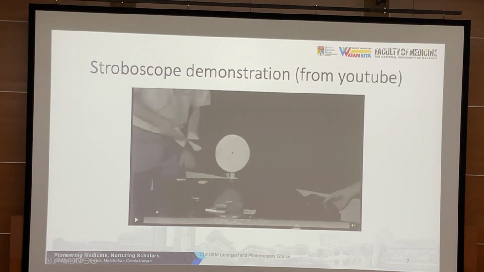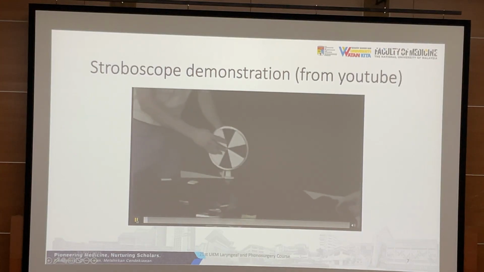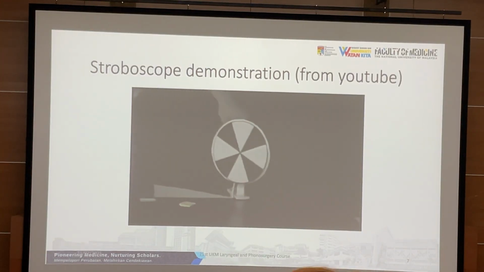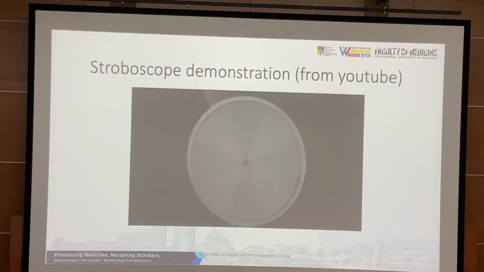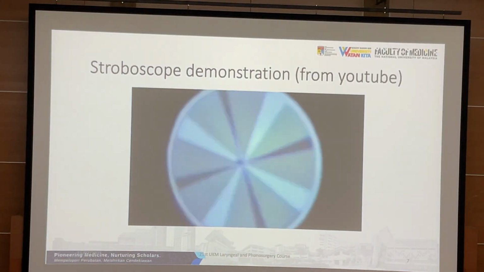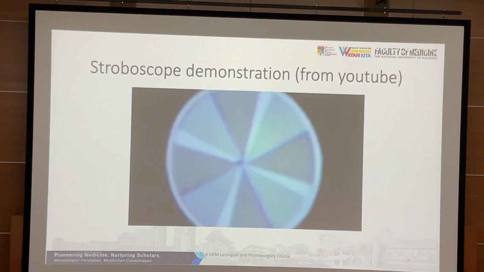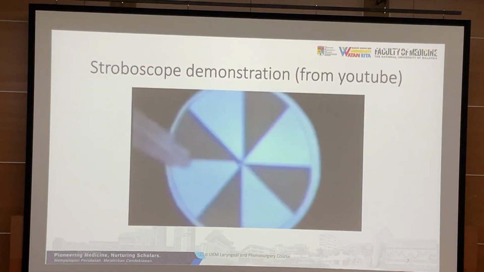I show this video. It's not from me. I downloaded it from YouTube. Illegal, but courtesy of YouTube. So you see this thing like a fan that has white and black. Whenever it moves quickly, cyclically, at first you don't see the blades, right? It's all white.